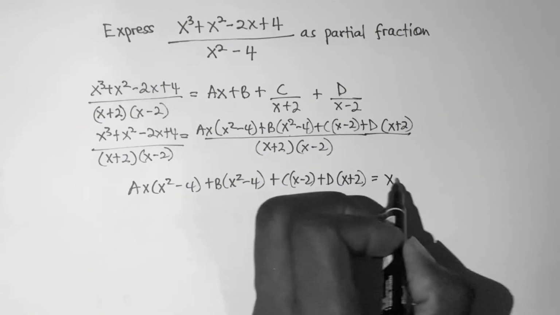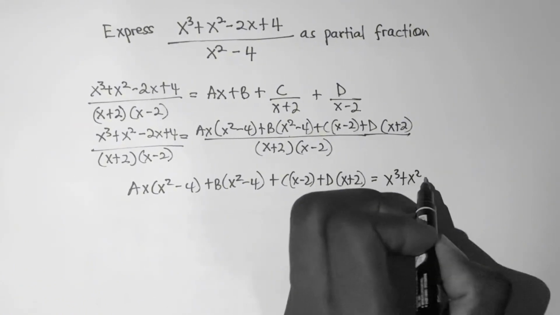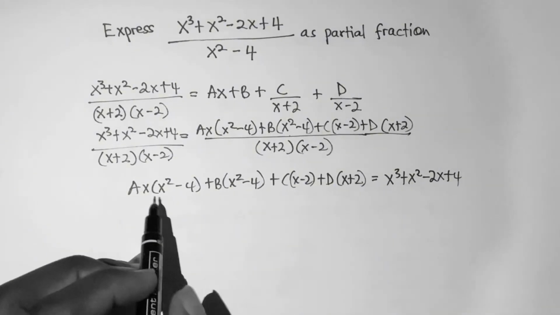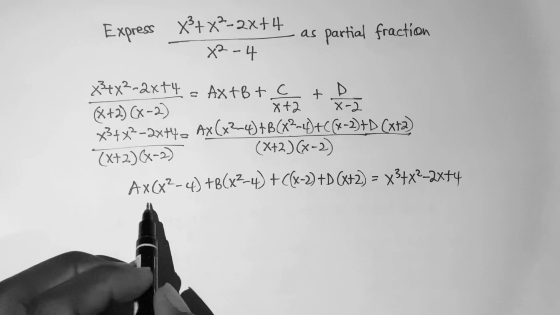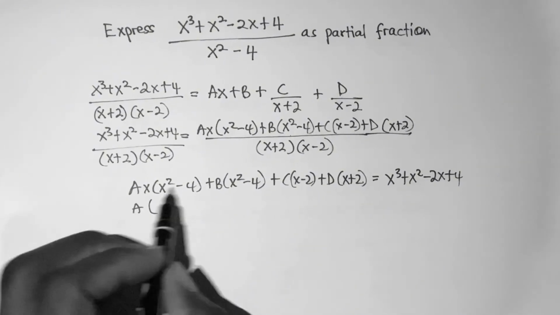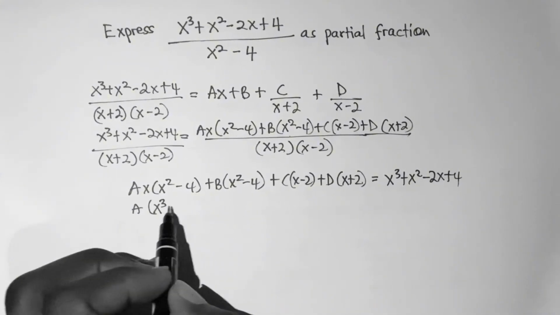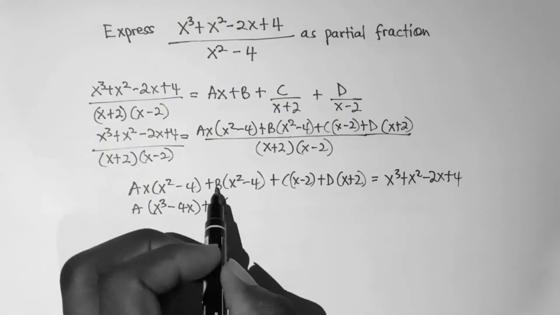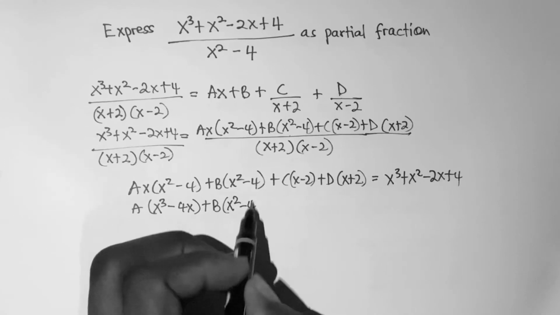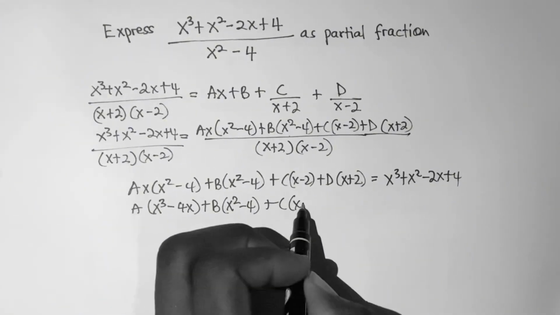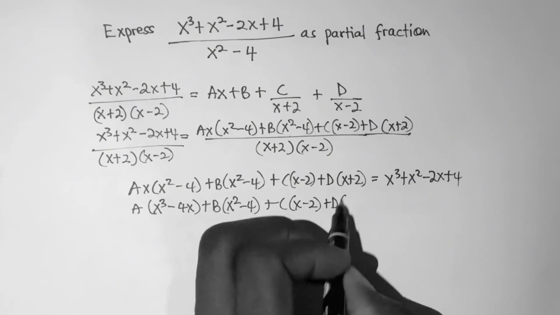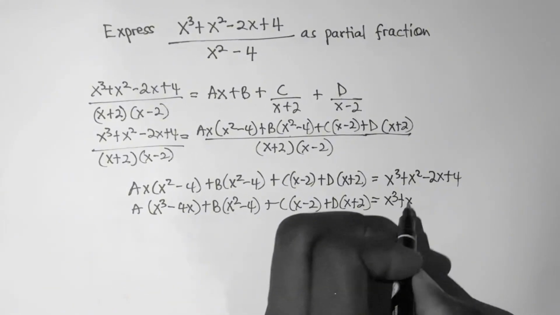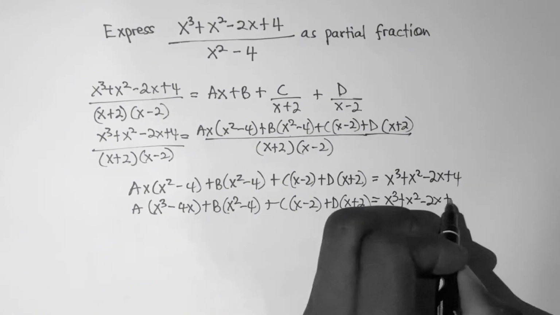This is equal to x cubed plus x squared minus 2x plus 4. So let's rewrite this as a times x squared is x cubed, then x times minus 4 is minus 4x, then plus b times (x squared minus 4), plus c times (x minus 2), and plus d times (x plus 2). All of this is equal to x cubed plus x squared minus 2x plus 4.